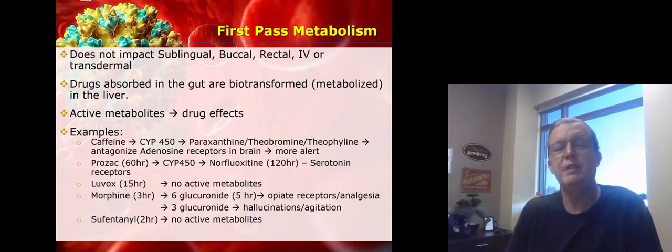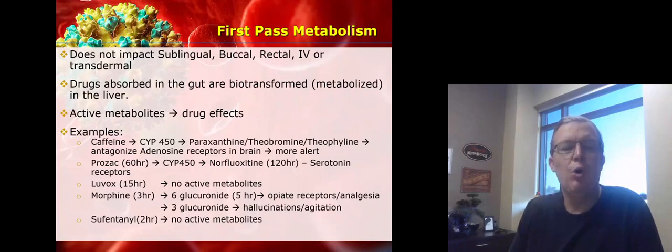So once morphine is metabolized to 6-glucuronide, you've got 5 hours of expression of the effects of that medication, which is analgesia, which is one of the main benefits of the opiates, specifically morphine in this case.